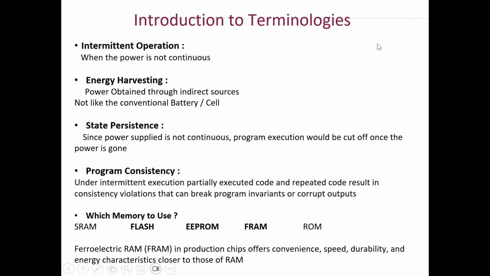Especially FRAM is predominantly used because FRAM in production chips offers convenience, speed, durability, and energy characteristics closest to SRAM. Programmers can use memory-mapped FRAM to store variables that will survive power failures. Reading and writing to Flash is more complex than reading and writing to FRAM, so in most cases FRAM is what's used for intermittence.